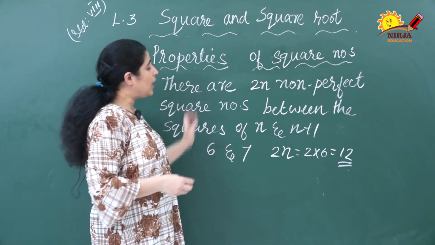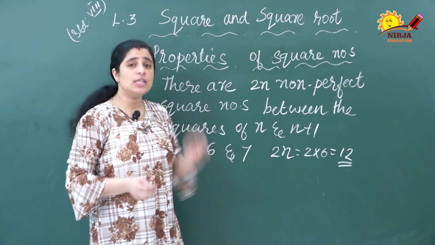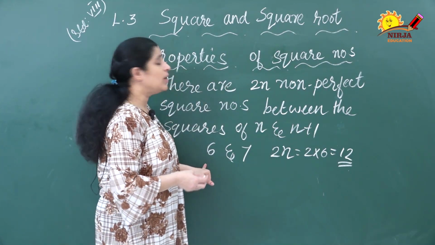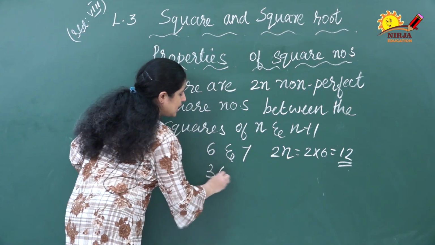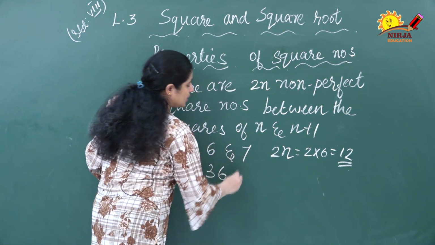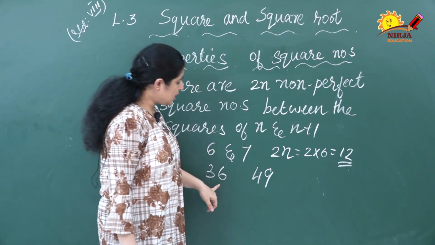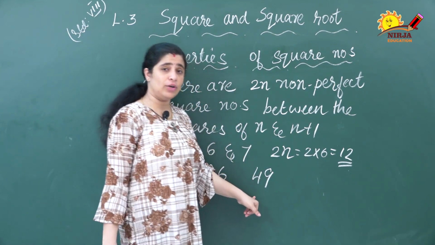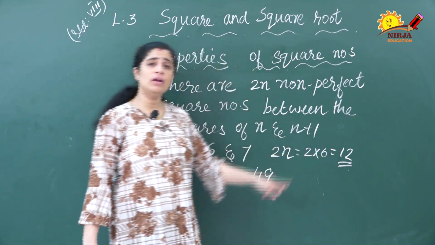That means 12 non-perfect square numbers will be there between the squares of 6 and 7. You know that the square of 6 is 36 and the square of 7 is 49. So between 36 and 49 you will get 12 non-perfect square numbers.